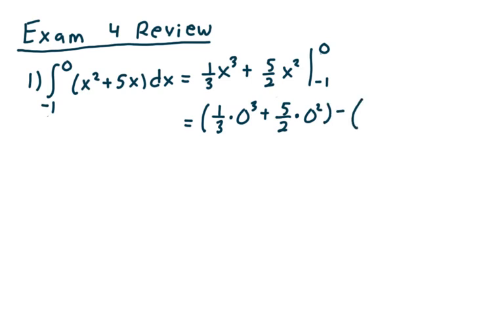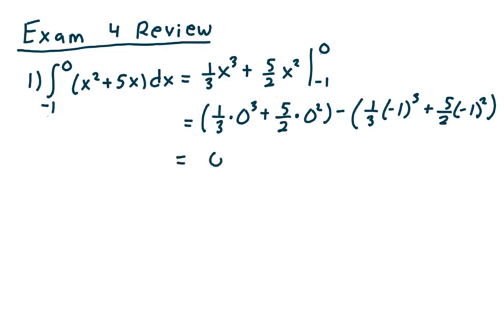If I replace x with the lower limit of -1, I get 1/3 times -1 cubed plus 5/2 times -1 squared. And notice how I'm subtracting these results.